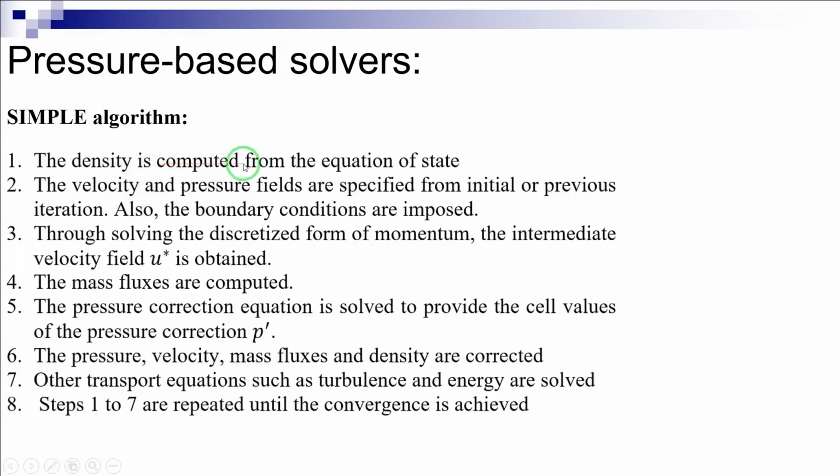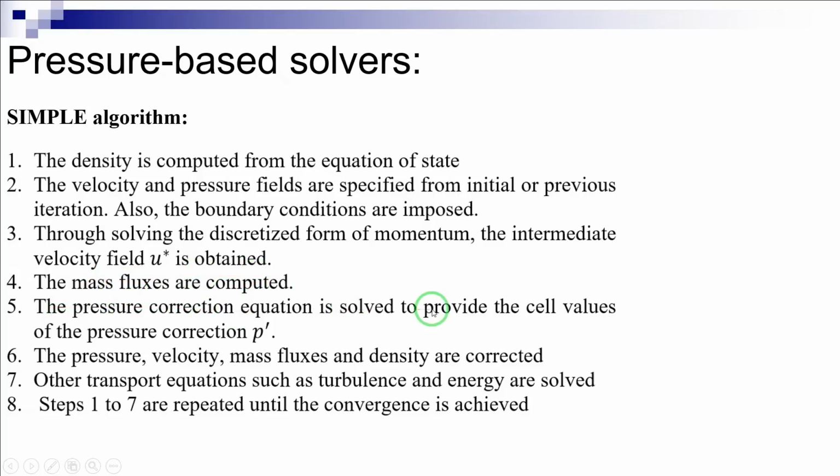The density is computed from the equation of state. The velocity and pressure fields are specified from the initial or previous iteration. Also, the boundary conditions are imposed. Through solving the discretized form of the momentum equations, the intermediate velocity field U asterisk is obtained, and the mass fluxes are computed.